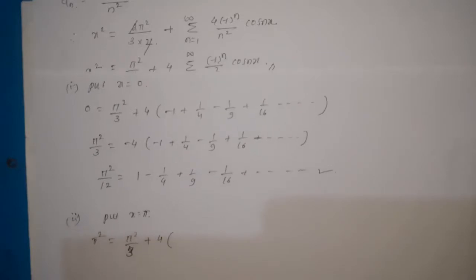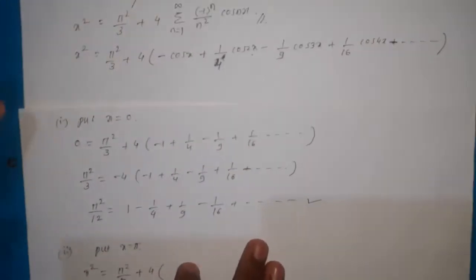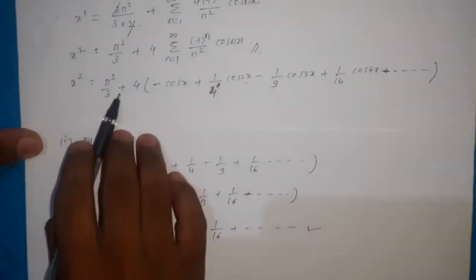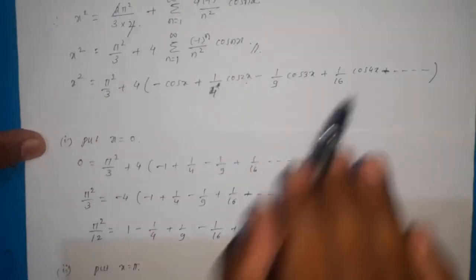So here the function is x square equal to pi square by 3 plus 4 into this one.